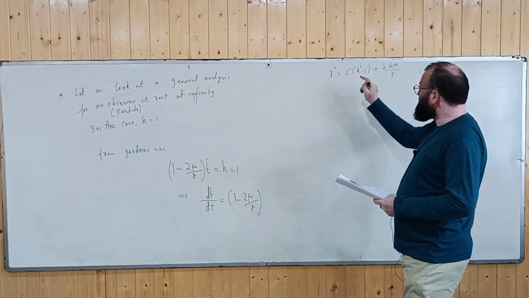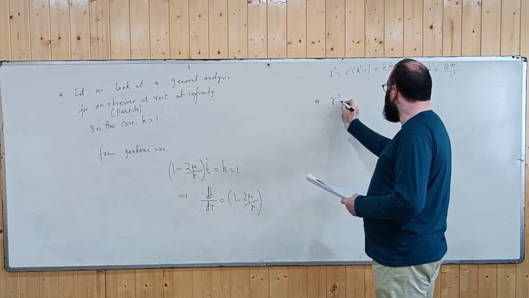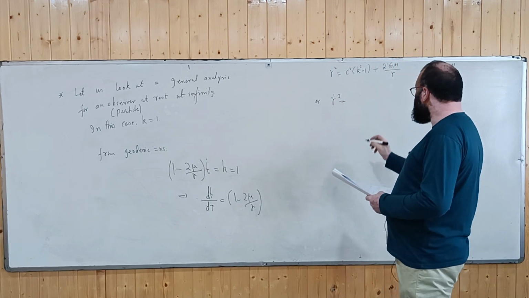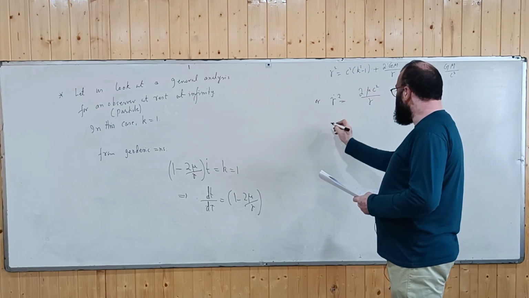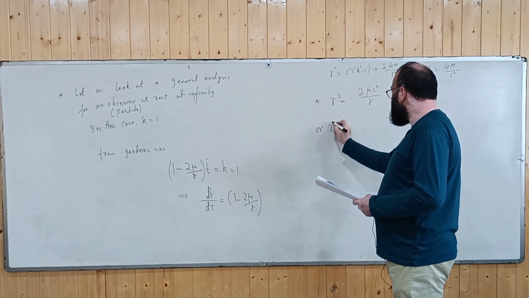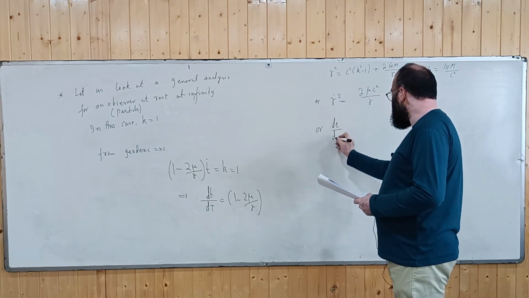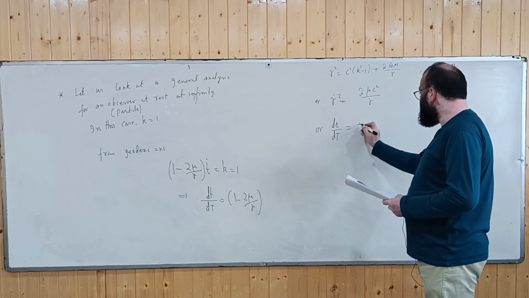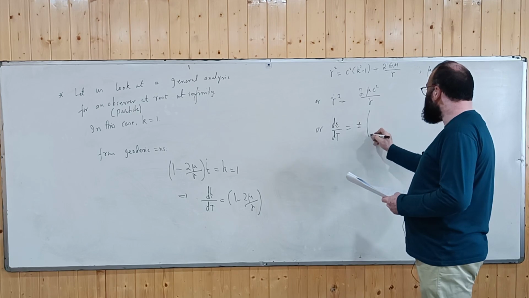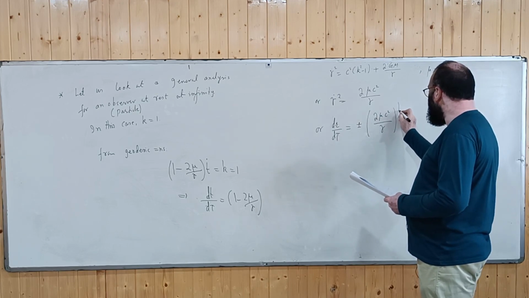Since k is equal to 1, I have r dot square equal to 2 mu c square by r. In other words, r dot, which is actually dr by d tau, is equal to plus minus (2 mu c square by r) raised to the power half.